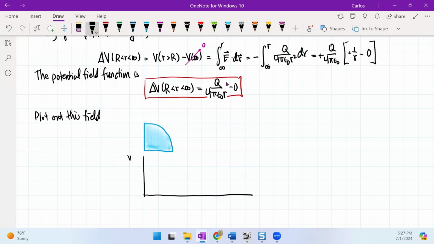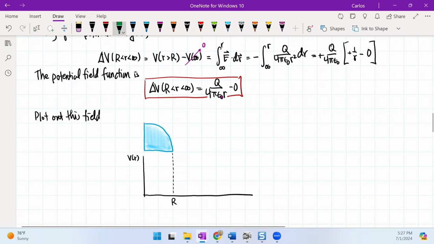And now I'm going to plot V of R. And I know that this is R. And what we said here is that if I plot this function, this field has to look something like this here.